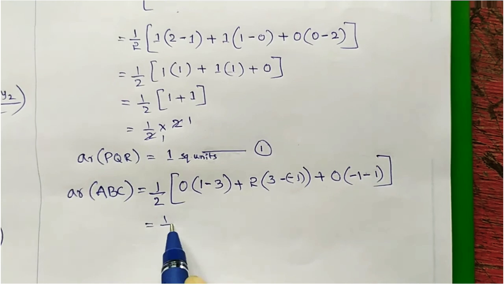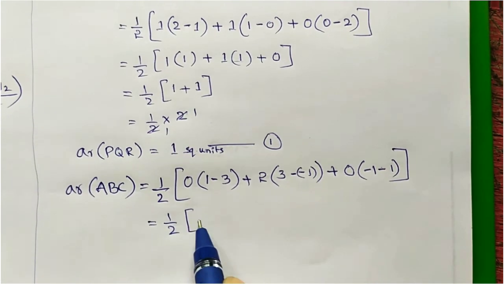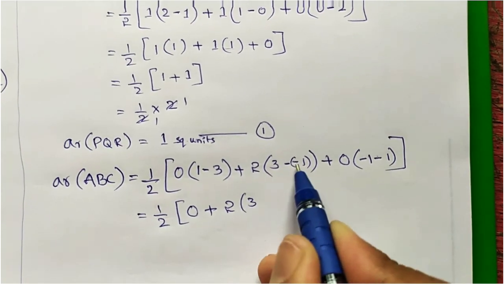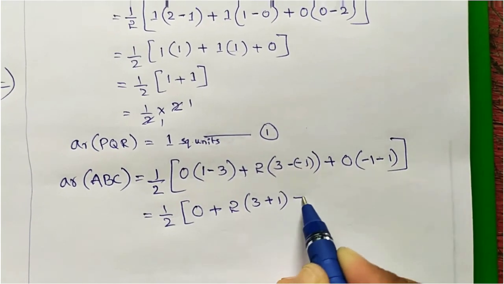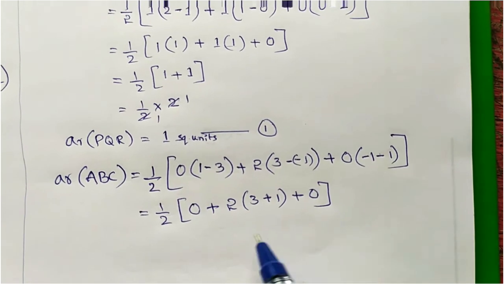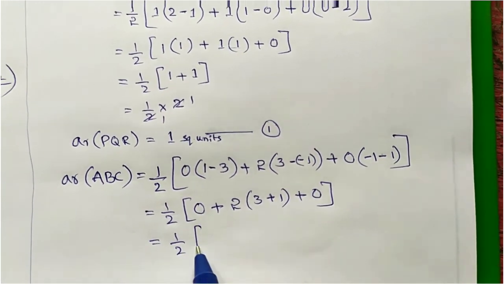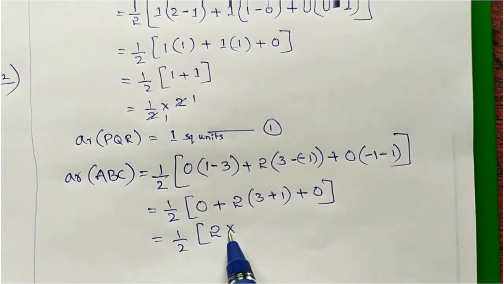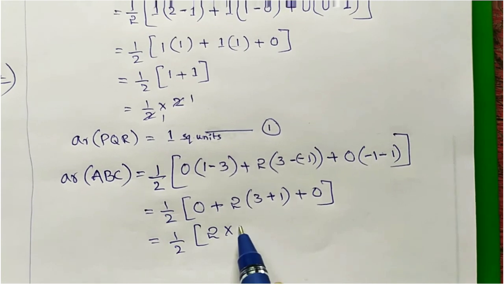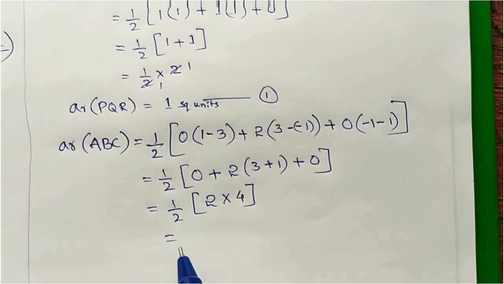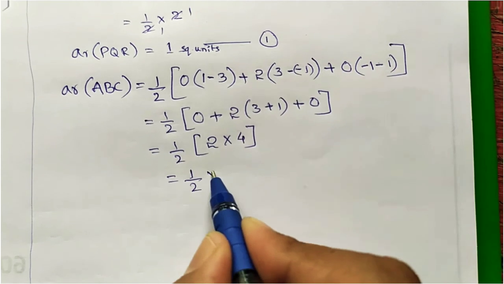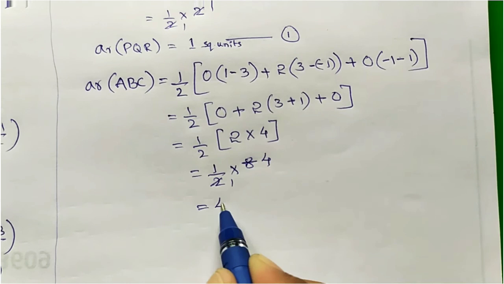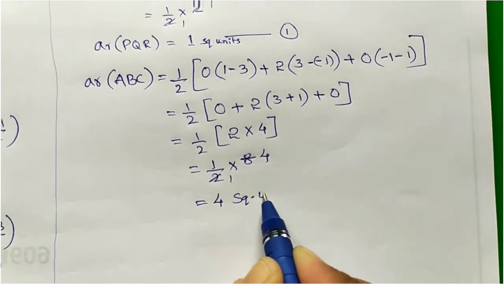Okay, so 1 by 2, 0 into something will be 0, plus 2 of 3 minus of minus, plus 1, plus 0 into something will be 0. So 1 by 2, the 0s have no values, so use the 2 into bracket, that is, 2 into 3 plus 1, 4. So here we will get 1 by 2 into 2 4s are 8, 2 4s are 8. So our answer will be 4 square units.